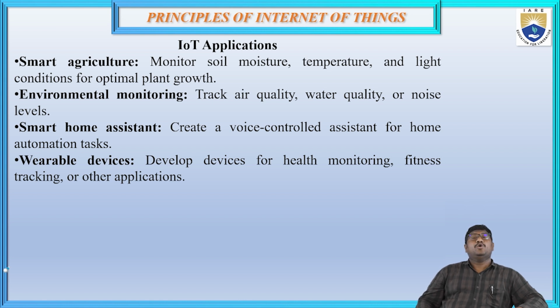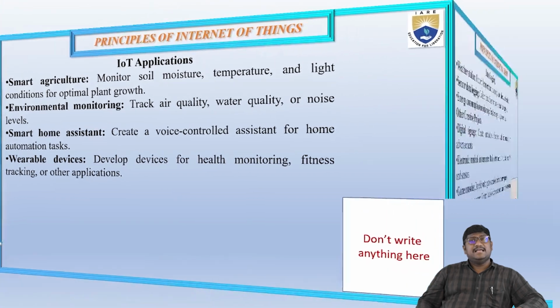And also smart home assistant was there. Here by using a smart home assistant, we are creating a voice control assistant for home automation tasks. And also wearable devices. By developing devices for health monitoring and fitness tracking and other applications, we came to know that these are the best features which are utilized in IoT.